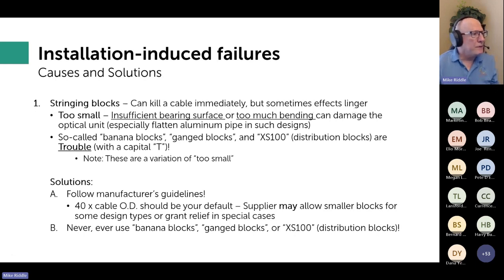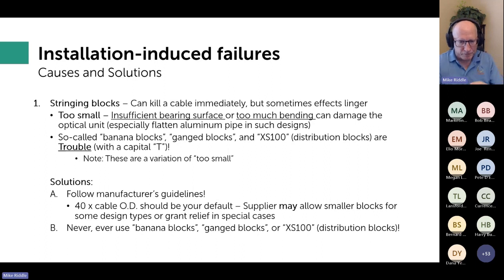And the source of the problem is blocks that are too small. And the fundamental thing that's driving that is there is not enough bearing surface for the cable, or too much bending, or both. And basically it damages your optical unit, especially in the aluminum pipe type cable designs, where the pipe ends up flattened.